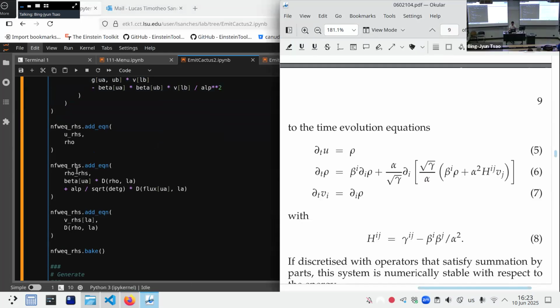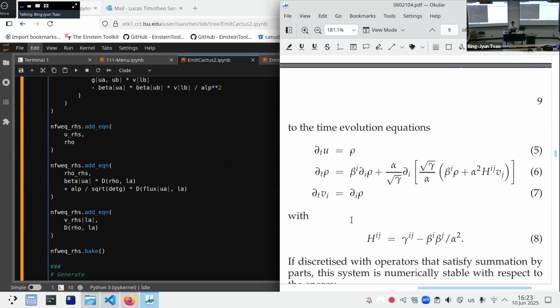The right-hand side for rho is beta upper index contracted with the derivative of rho, again super simple, plus alpha over the square root of the determinant of the metric times the derivative of the flux. And here we have flux and the derivative of the metric contracted over this index upper A.